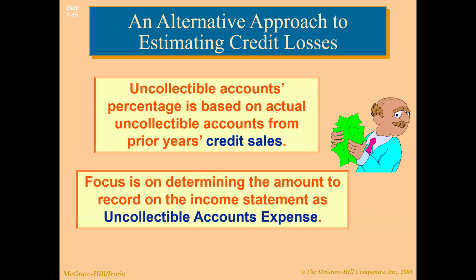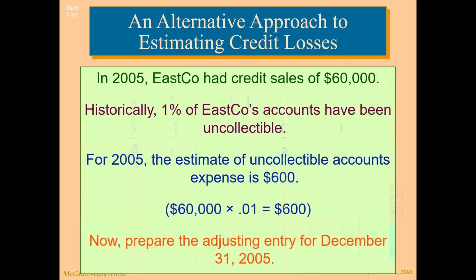So here is an example: the uncollectible accounts percentage based on actual uncollectible accounts from prior years. Here is the example that historically 1% of accounts have been uncollectible. So our overall sales is, let's say, 60,000.